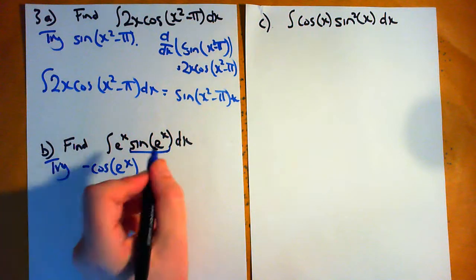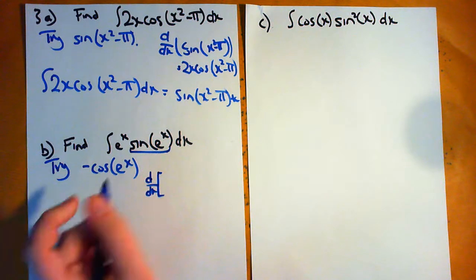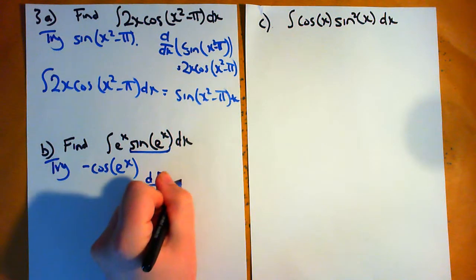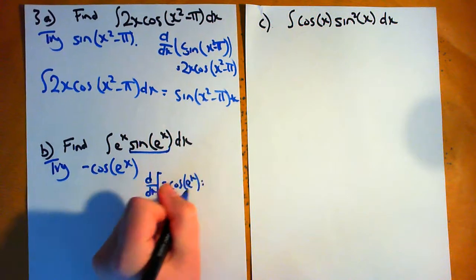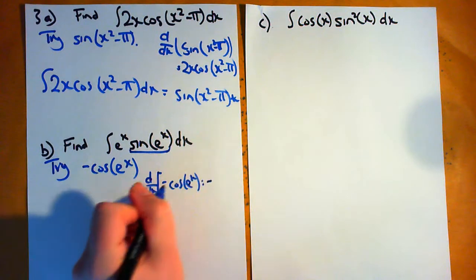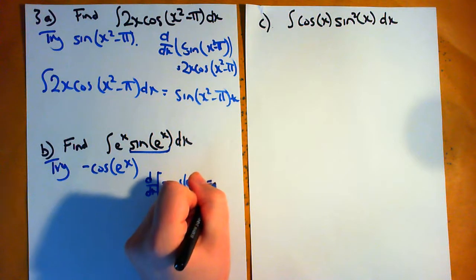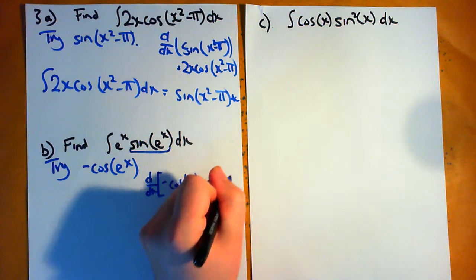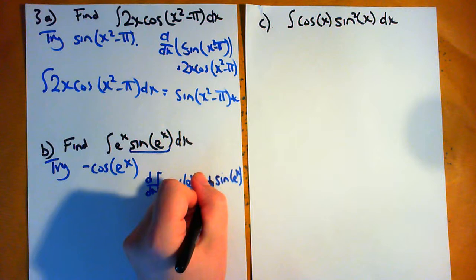Okay, so therefore we're going to differentiate that. d by dx of negative cosine of e to the x is negative of cosine differentiates to negative sine, so negative of negative becomes a plus sine of e to the x times the derivative of e to the x.